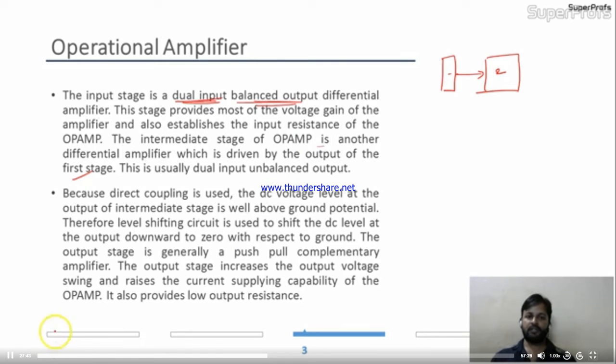Now let's come over here. Because direct coupling is used, the DC voltage level at the output of the intermediate stage is well above ground potential. We have seen the level shifter, right?